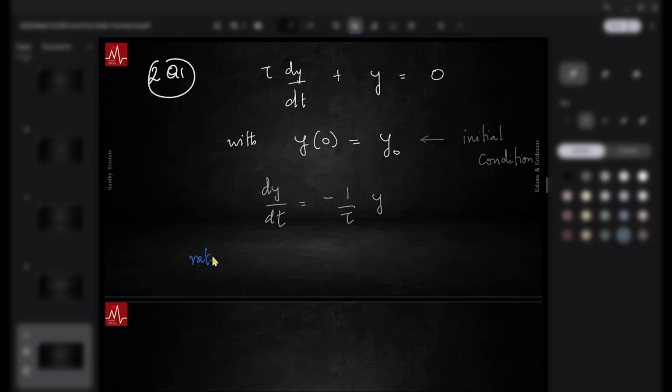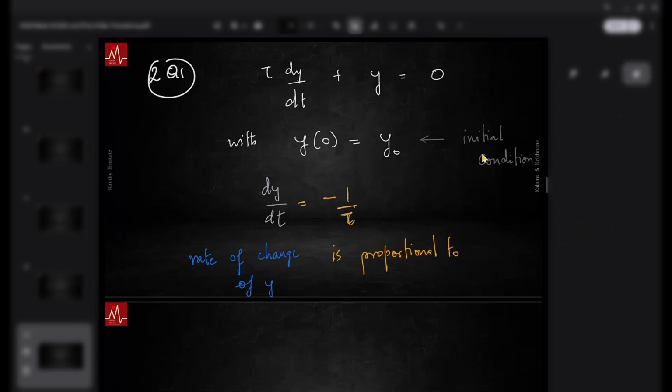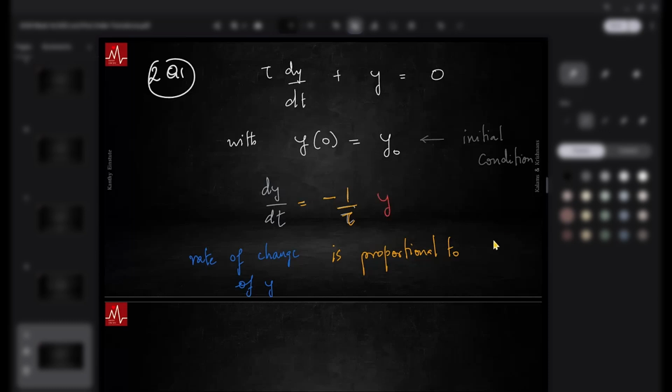So the rate of change of y is proportional to the current value of y.